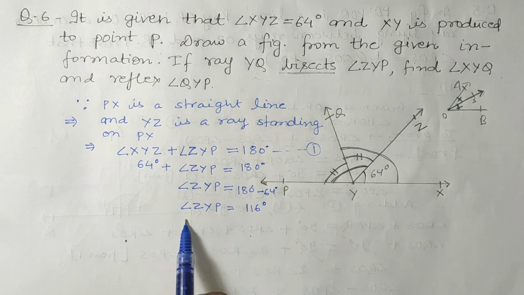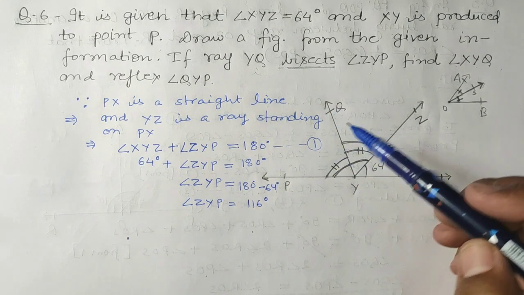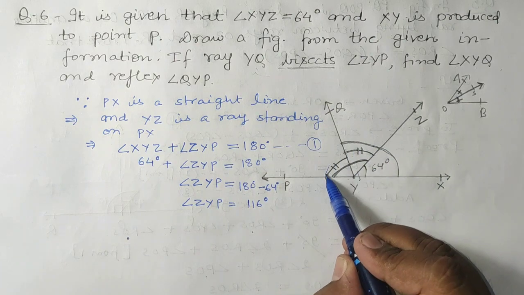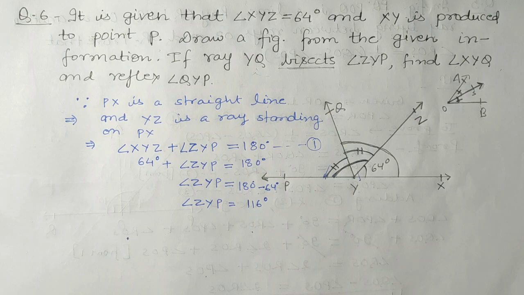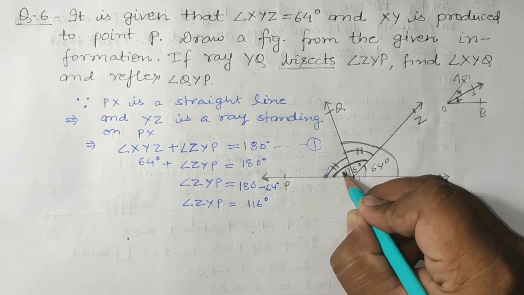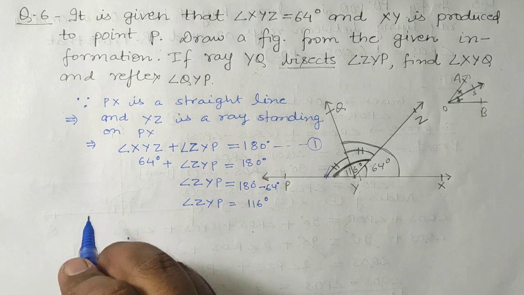Okay, so this is the value of angle ZYP. Now, see, ZYP means this whole angle is 116 degrees. Here we will write this angle is total 116 degrees.